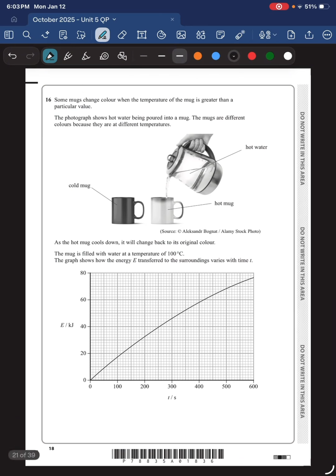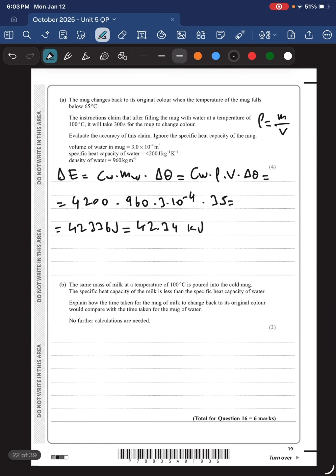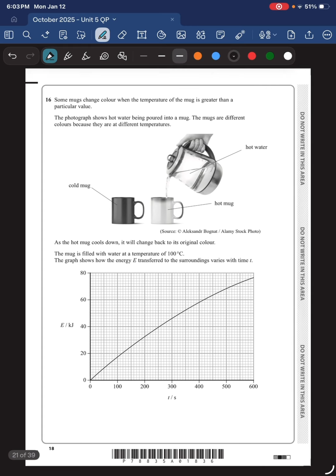Okay, so 42.34, so that's 40, 42, 44, 46, 48. So 42 is somewhere here. So maybe that value corresponds to 270 seconds.